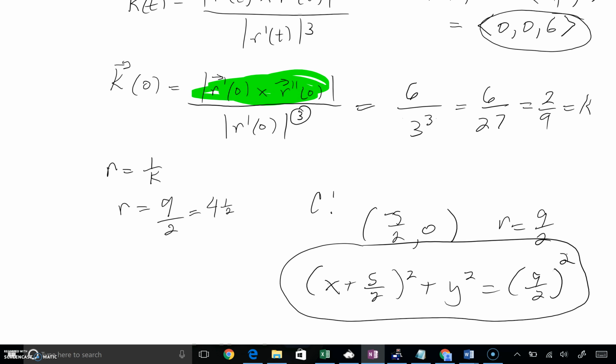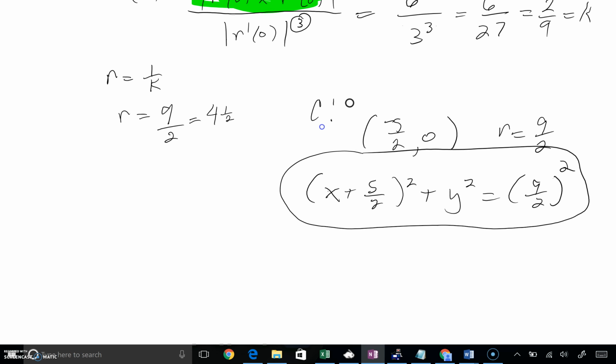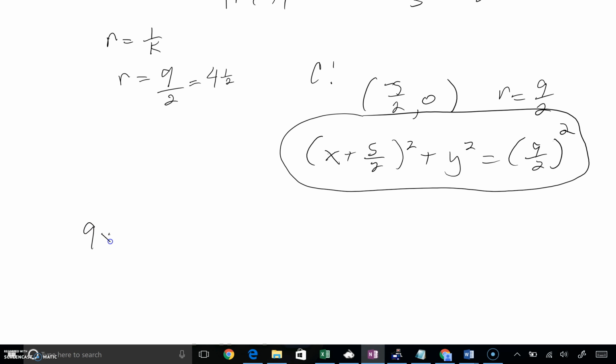Now, I do want to make one final comment before the video is over, because sometimes what's going to happen is kids are going to look at this equation that we had earlier, and that equation, of course, was 9x squared plus 4y squared equals 36. And one parametrization that we had, and it was a great one, was this right here.